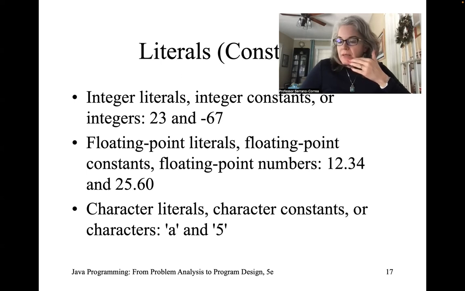So each character is coded. Character A has a number, character B has a number. Little a has a different number than capital A. And different systems have different codes. On that page, it explains that the IBM system has their coding scheme called EBCDIC.